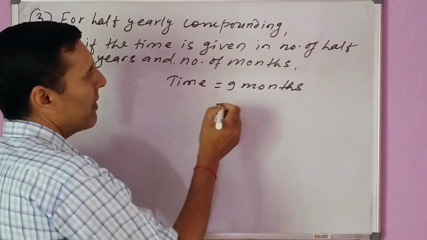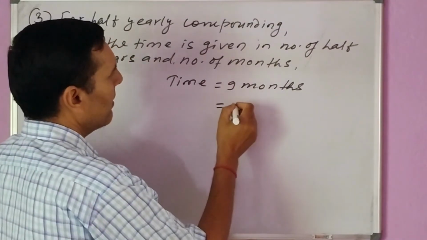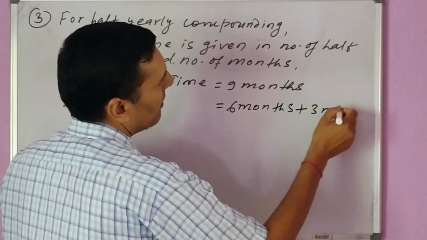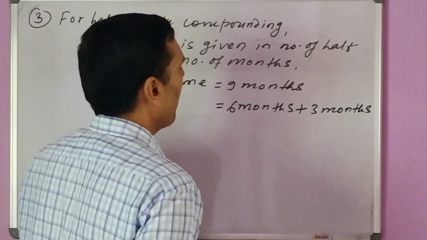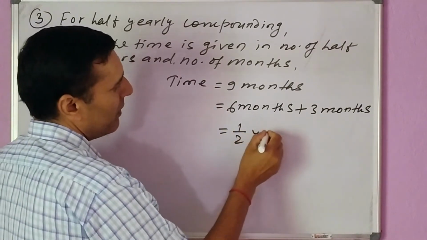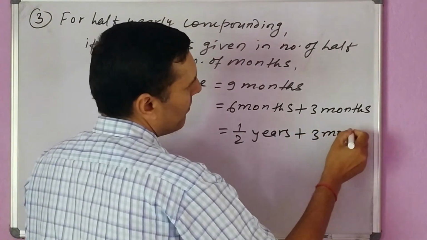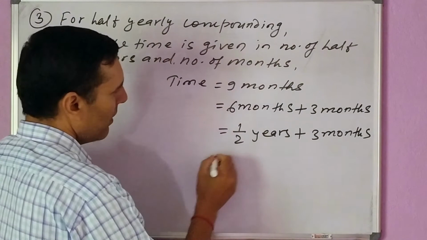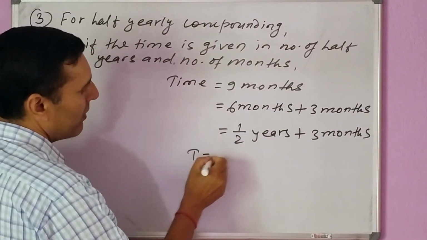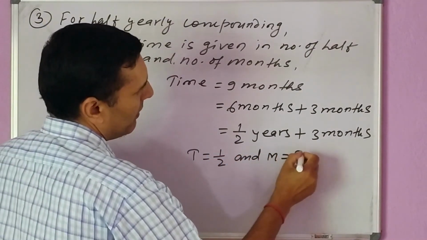So we know that 6 months is equal to 1 half year. So these 9 months can be divided as 6 months plus 3 months. So 6 months is 1 half year. We can write 1/2 years plus 3 months. So while keeping this value in the formula, we write t is equal to 1/2 and m is equal to 3.